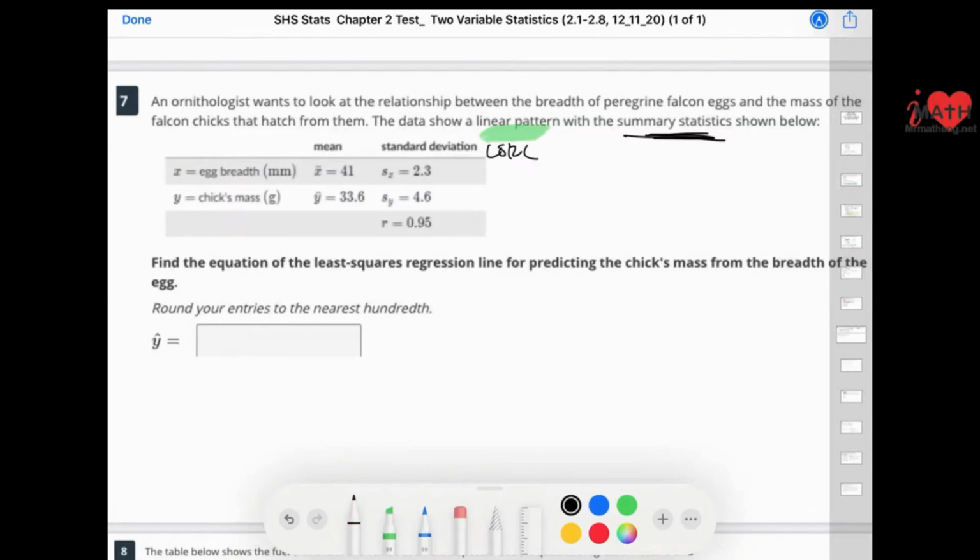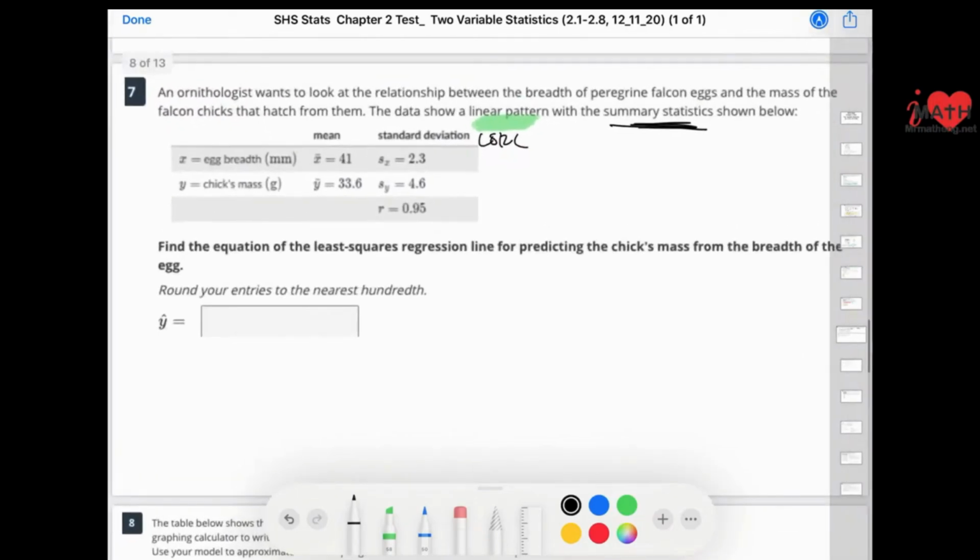So this is the one where you have two formulas, because I allow you to, and I'm just going to pull out my formula sheet. And so I'm going to copy down what I have from my formula sheet. So I have y hat equals a plus bx, okay? Now, if you chose to use b plus ax, it doesn't really matter. It's just you need to know that this one has no x. So this one is my y-intercept.